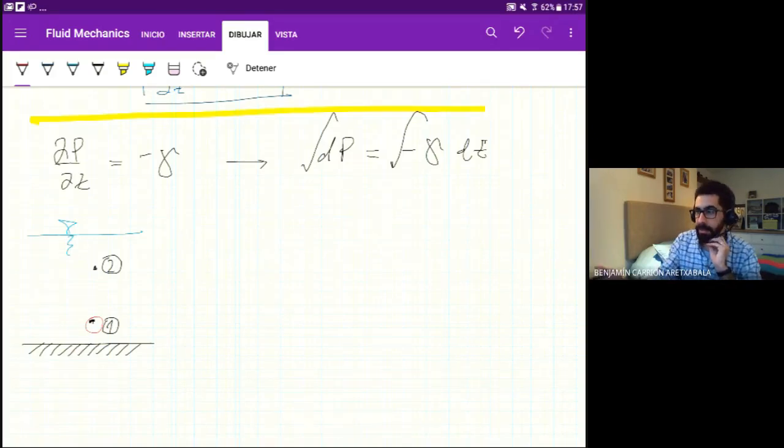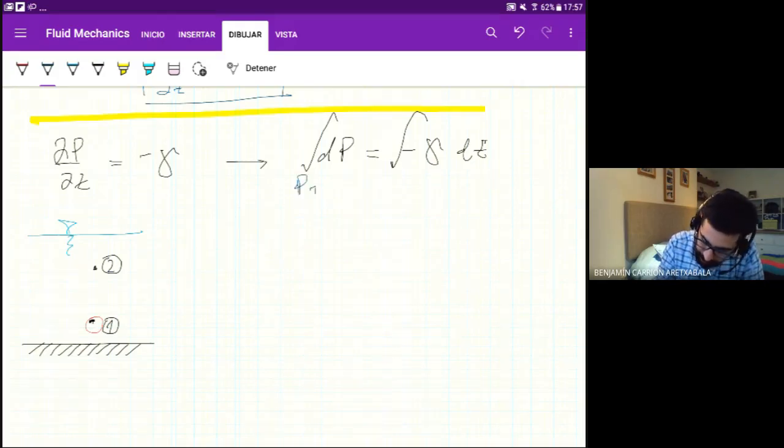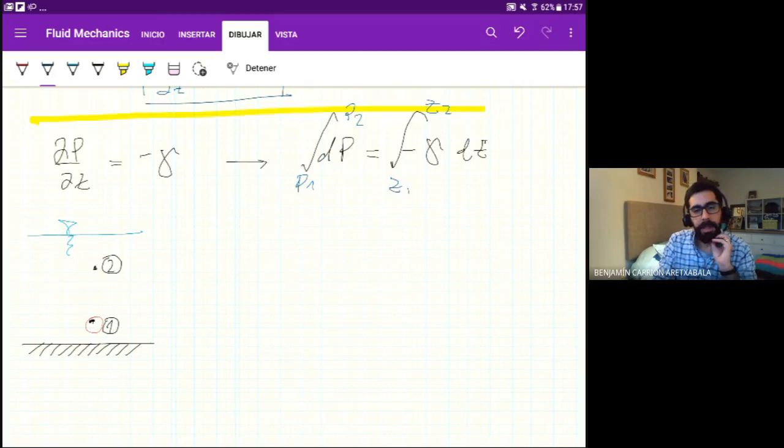We integrate this equation between the pressure at 1, which we're going to call P1, and the pressure at 2, which we're going to call P2, and Z, we're going to integrate between Z1 and Z2. If you remember, if this is water, then gamma really doesn't change with depth, right?